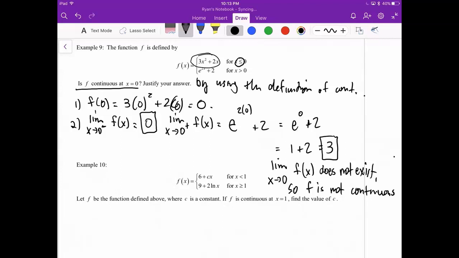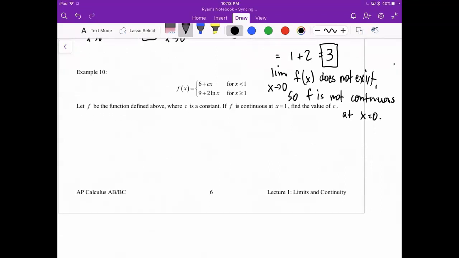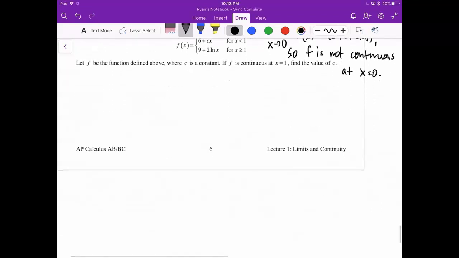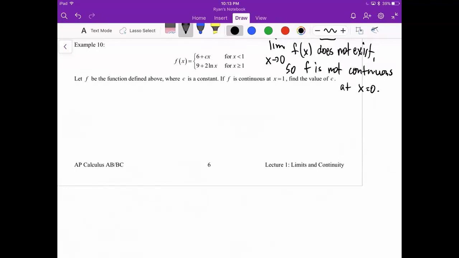I do have to write this sentence in order to justify my answer: not continuous at x equals 0. When you do these problems on the assignment, you're going to notice on my answer key that I say things very similar to the way that I'm doing these examples. So you need to get into the habit of doing it the way that I do, because that is what's required of you on the AP exam if you're asked to do a problem like this.